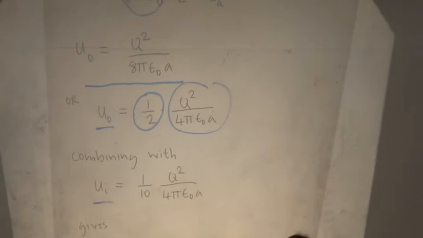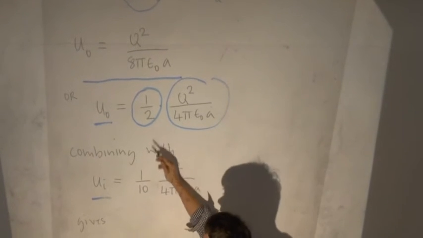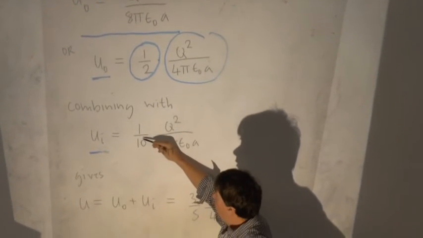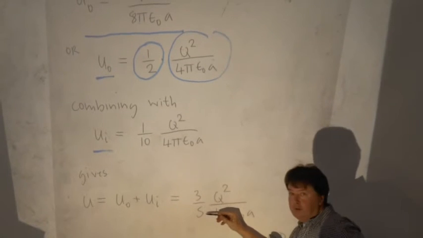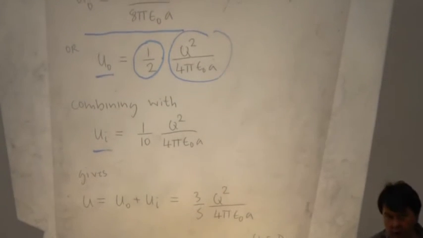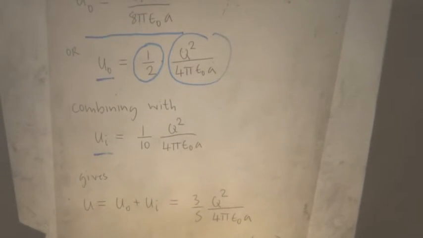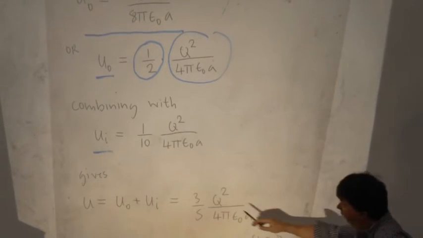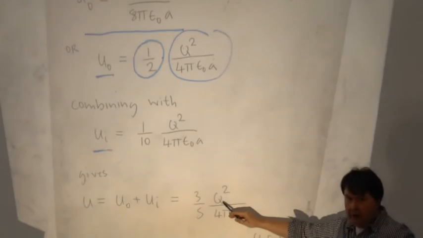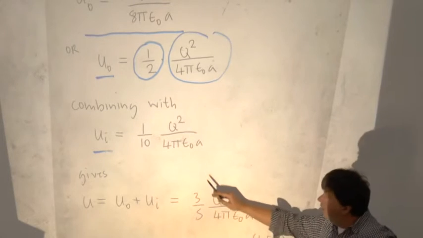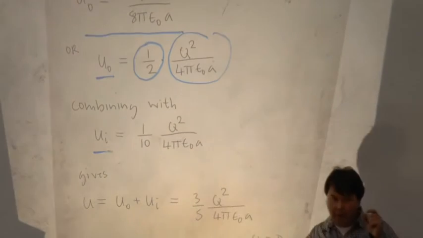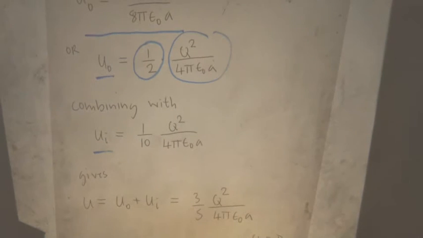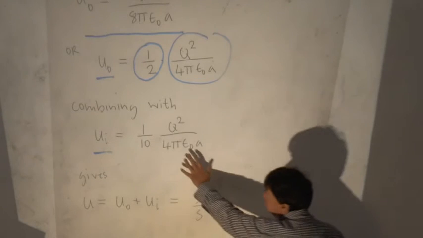And adding a half to a tenth, we get 6/10, which is 3/5. So we knew this answer all along because we did it by the principle of virtual work at the beginning. But now we know where the energy is. We can find the energy at any point if we like, but we've integrated it from the centre of the ball to the surface, and we got this result.